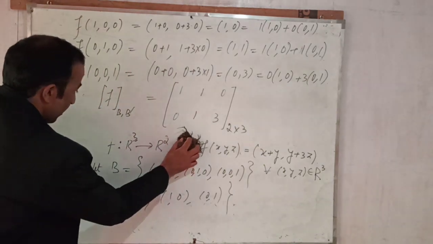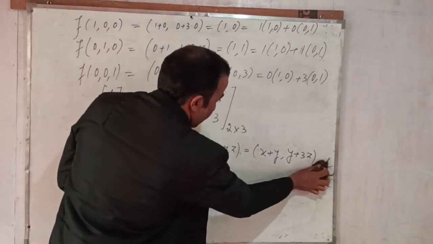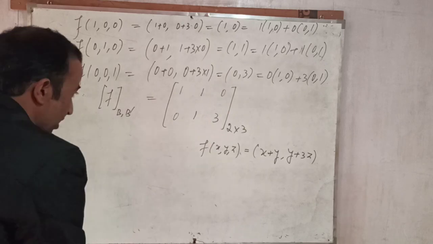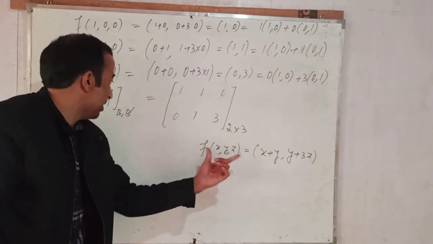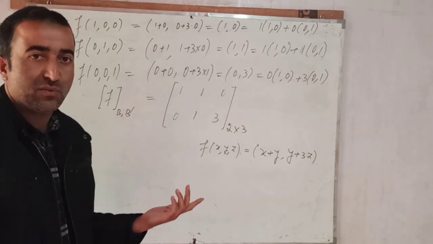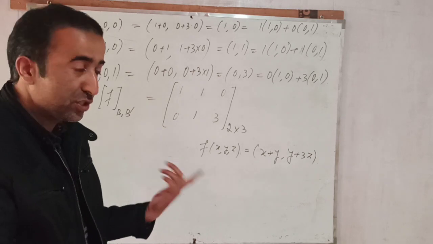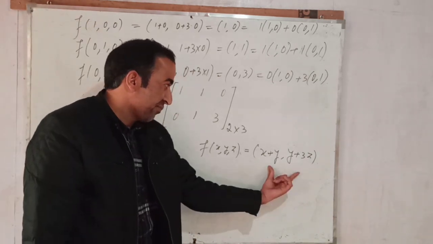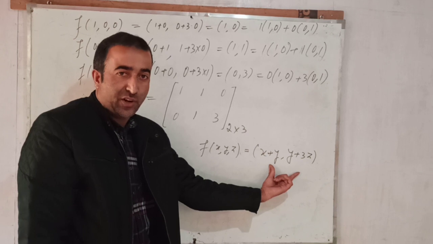Now I want to see if this is a representation in another structure. This R3 is a space of 3-tuples, R2 is a space of 2-tuples. The map is expressed with notation as an ordered pair.